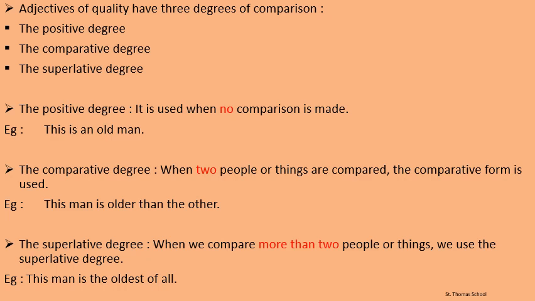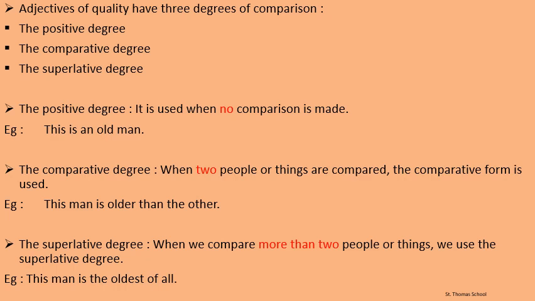Next one is the superlative degree. When the comparison is between more than two things, at that time we use the superlative degree. So once again, let me explain.